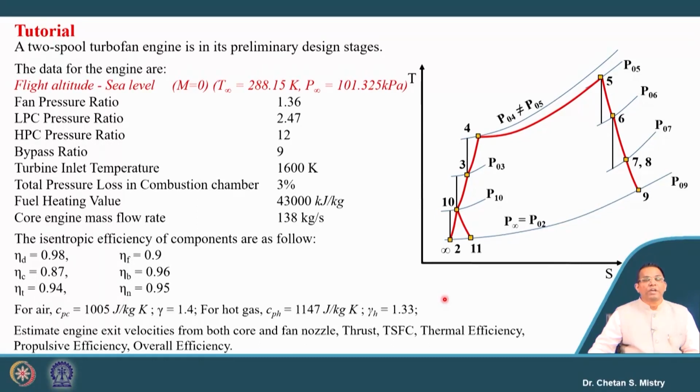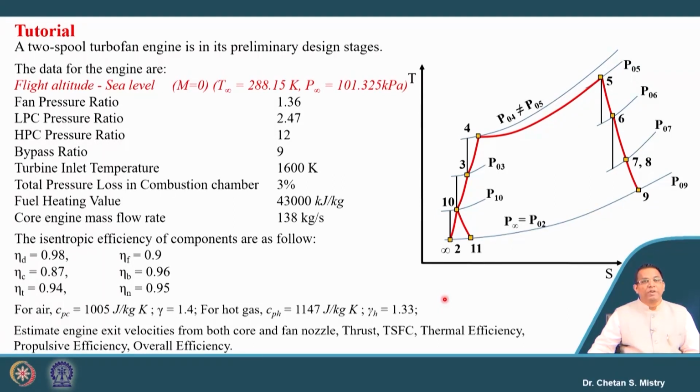The isentropic efficiencies assumed for the different components are: diffuser 98%, fan 90%, compressors 87%, combustion chamber efficiency 96%, turbine efficiency 94%, nozzle efficiency 95%.